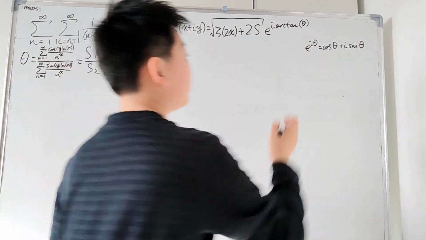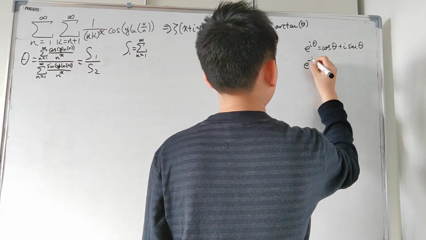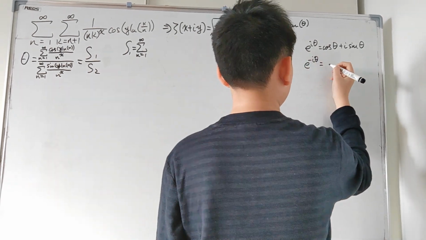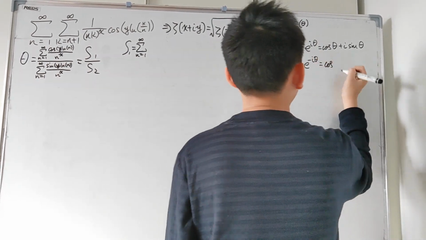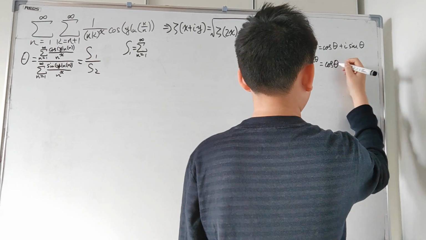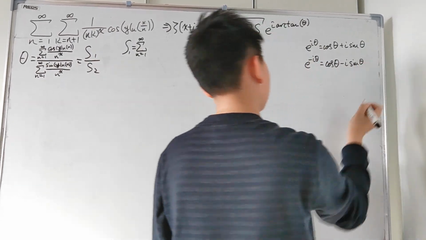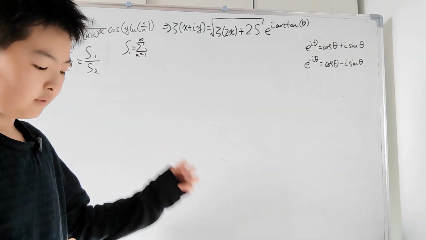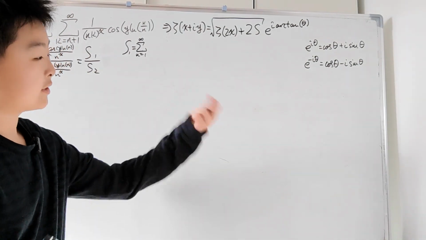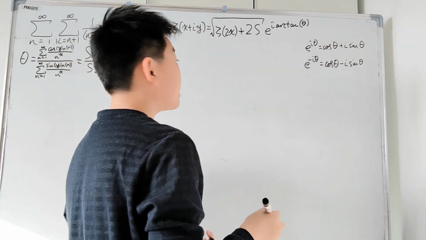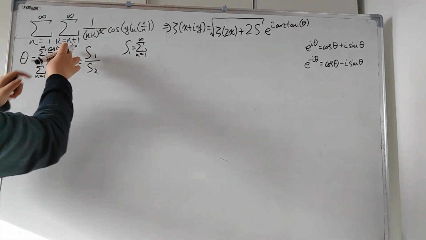Right. So now we're going to plug in e to the negative i theta. And so we have here e to the negative i theta. Cosine of negative theta is just cosine of positive theta, and then here we have minus i sine theta, because the sine of a negative number is the negative of the sine of the positive number.